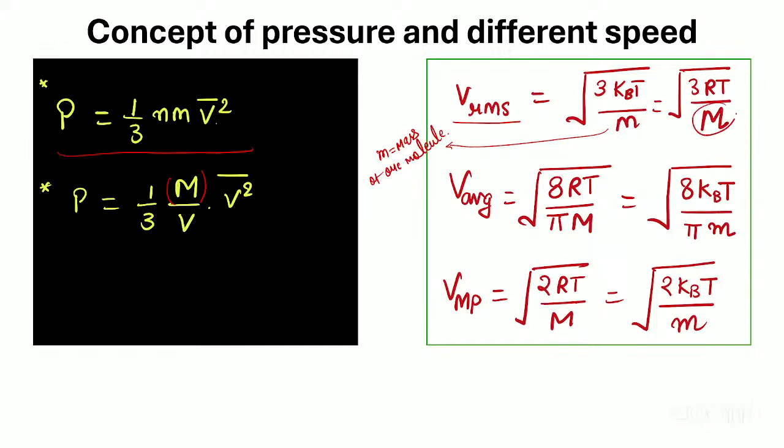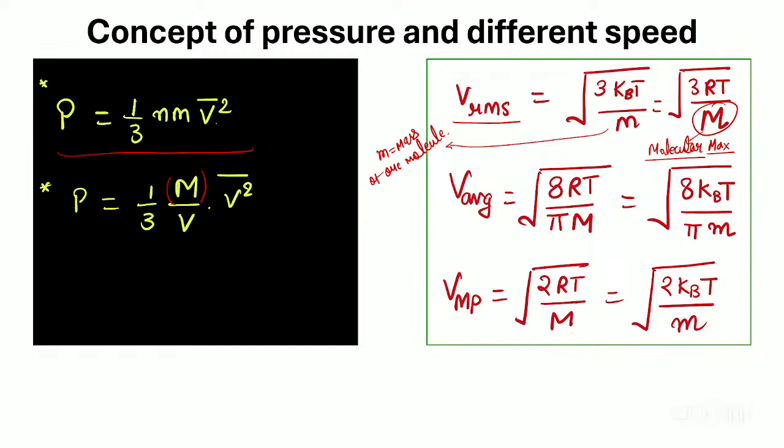And this capital M is the molecular mass, which means the mass of the particular substance at 1 mole. Whatever mass a gas or any substance contains at 1 mole is its molecular weight.